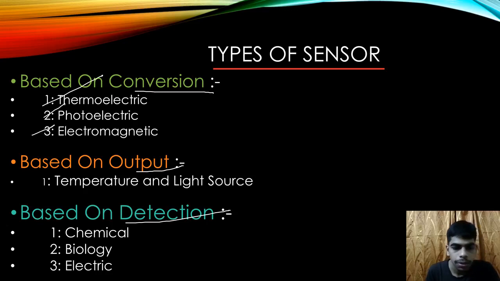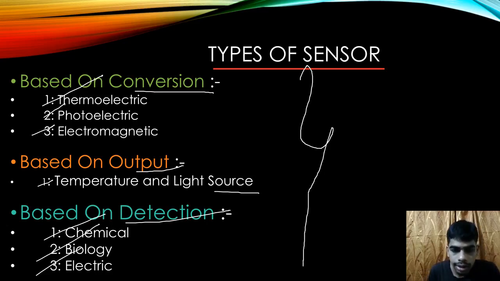In terms of output, it is based on temperature and light sources. And when you come to detection-based, you can see here chemical sensors, biological sensors, and electric sensors. So let's discuss one by one. These are all sensors, mainly based on conversion, output, and detection.